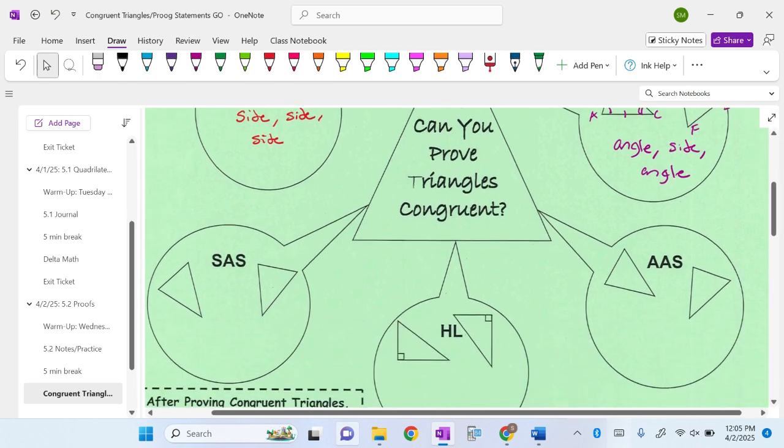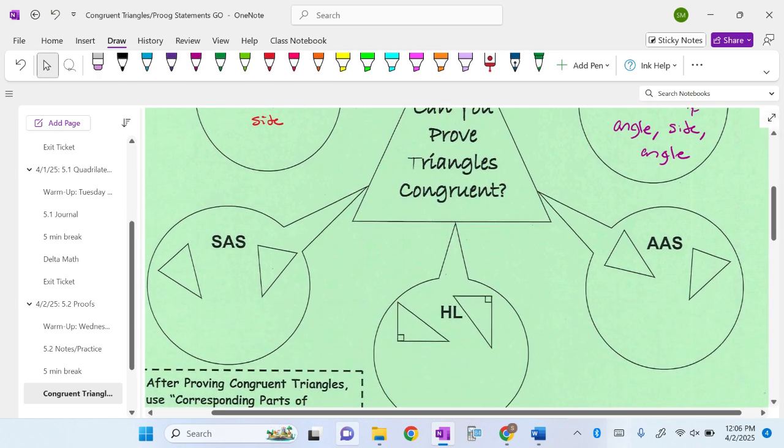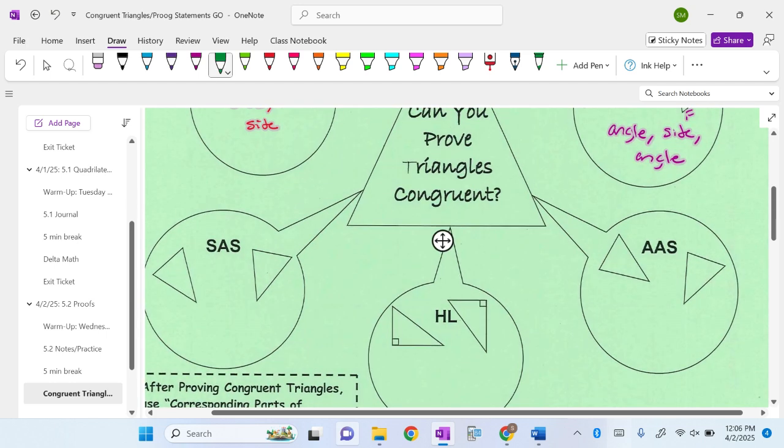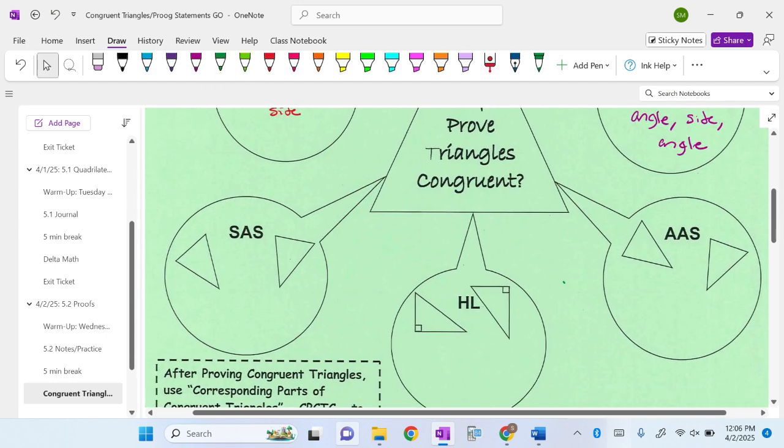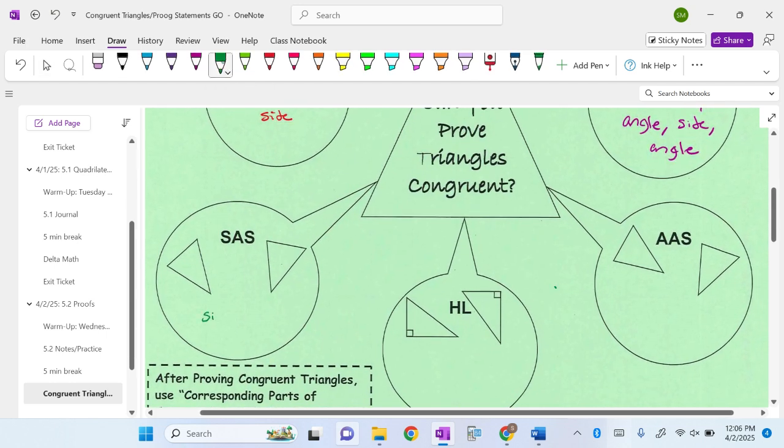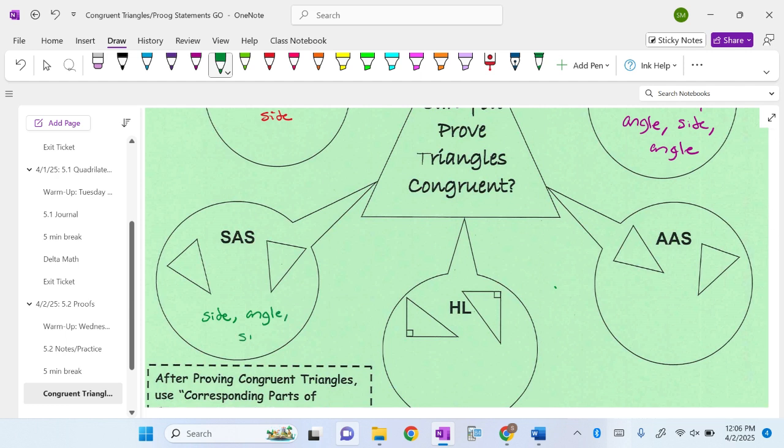Who remembers what SAS means? Side, angle, side. So similar to angle, side, angle, but instead of 2 angles and a side in between them, it's 2 sides that have an angle directly in between them.